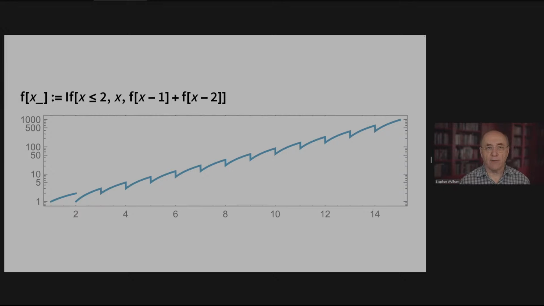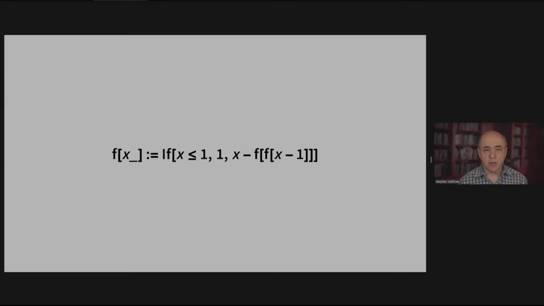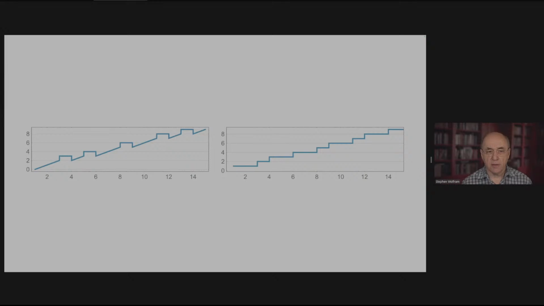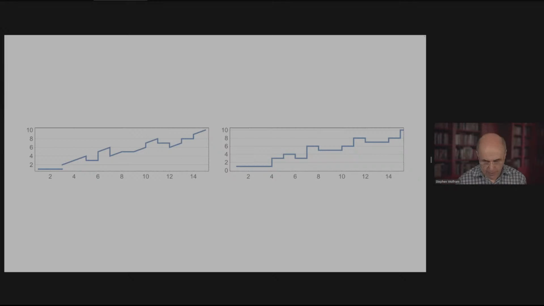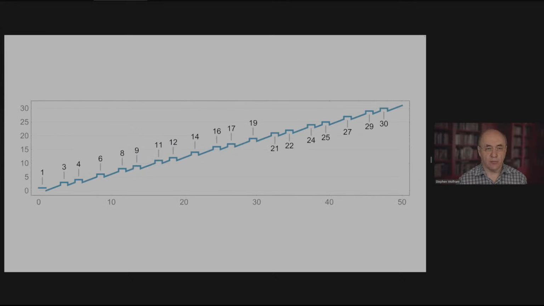We can define an analog of S1 like this, and plotting this along with the discrete result, the continuous result over on the left, we get this. In more detail, for the continuous result we get something like this, where the plateaus occur at the so-called Wythoff numbers given by floor of golden ratio times k.